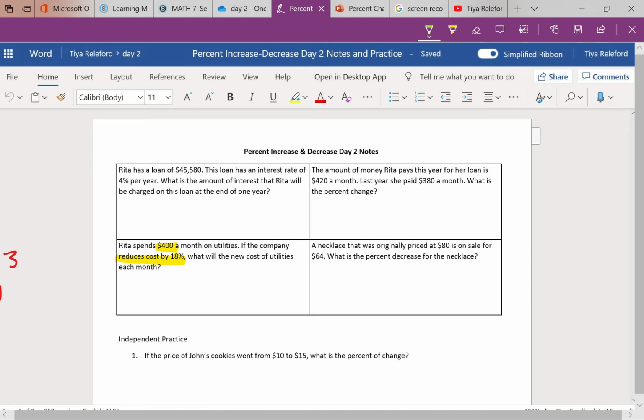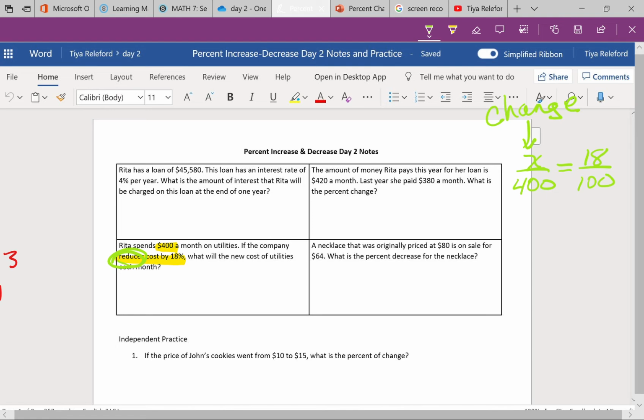So it's a percent problem. So my brain says bing, bing, bing, proportion. And if it's a percent proportion, it has 100. The word reduces tells me it's a special kind of proportion that's asking me for the change. Now 18% goes on top of 100 because it's the percent, and 400 is the original. This X is the change.